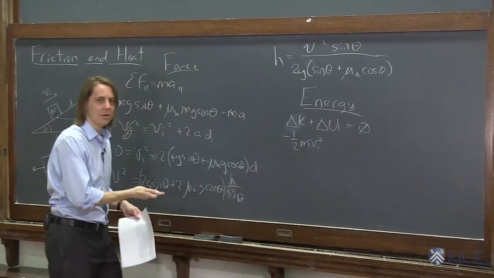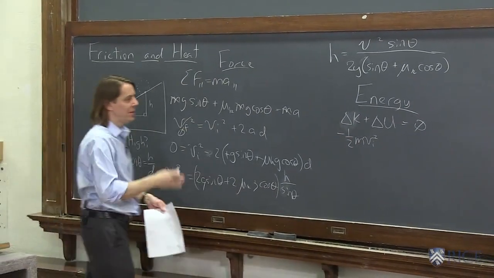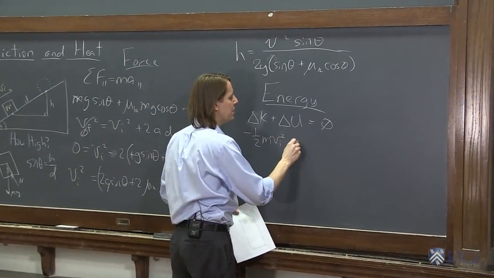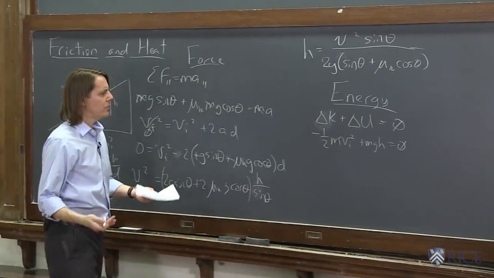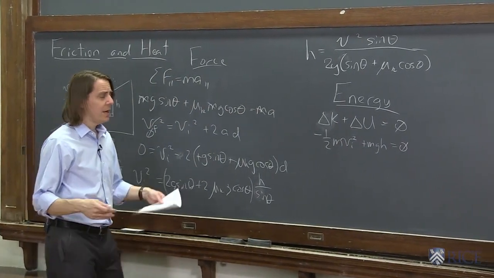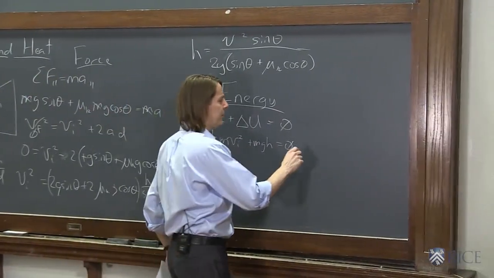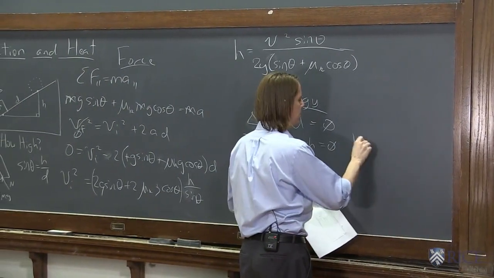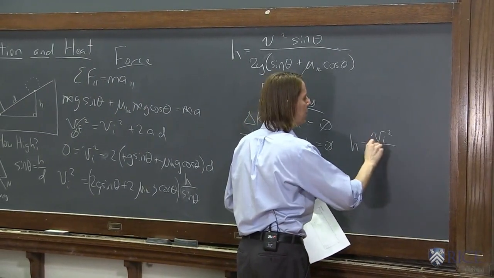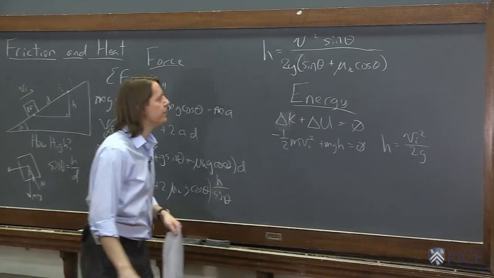We gained some gravitational potential because we went up h, plus mgh equals 0. So you solve for h, I think we were trying to find h, and you get h equals v_i squared over 2g.